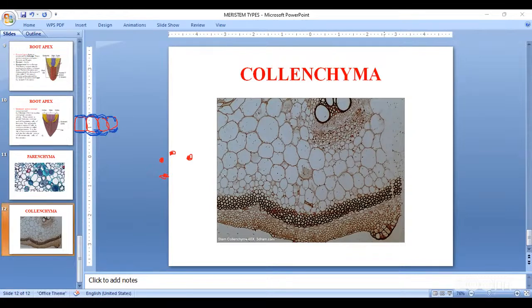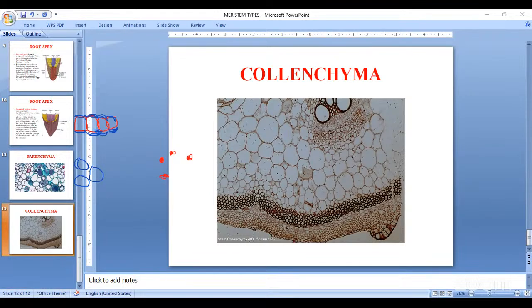Next, lacunar collenchyma. In this type, intercellular spaces are seen between adjacent thickened cells. The intercellular spaces are clearly present. For example, it looks like parenchyma cells, with one cell and a gap between the cells.